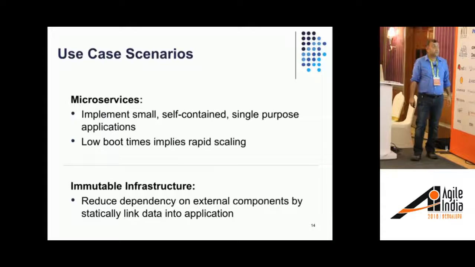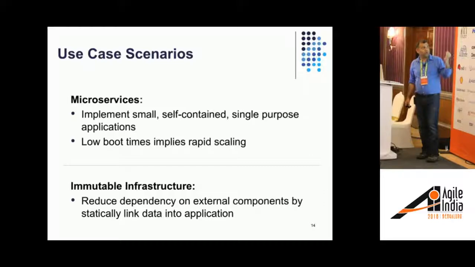Use case scenarios, okay? Microservices are really popular these days. Every talk on software architecture talks about microservices, and unikernels are quite a good way to implement microservices, because they are small, independent, follow the single responsibility principle, and they have low boot times. I already covered that, right?